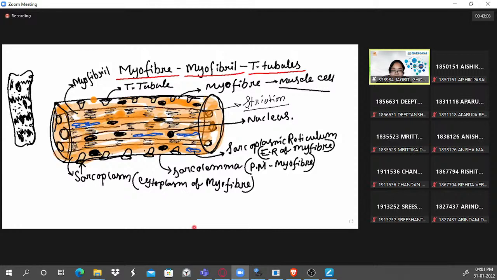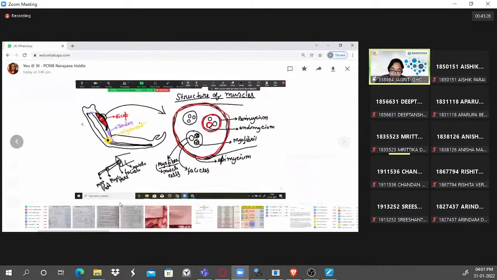In this diagram, first understand what a myofiber and a myofibril are. This is the entire muscle. There are a few parts known as fascicles.